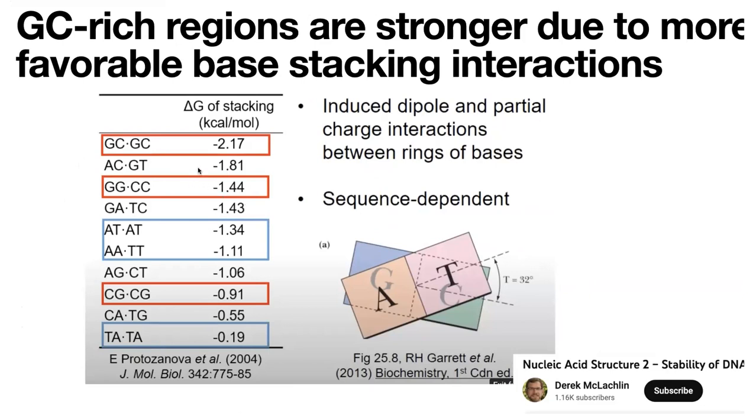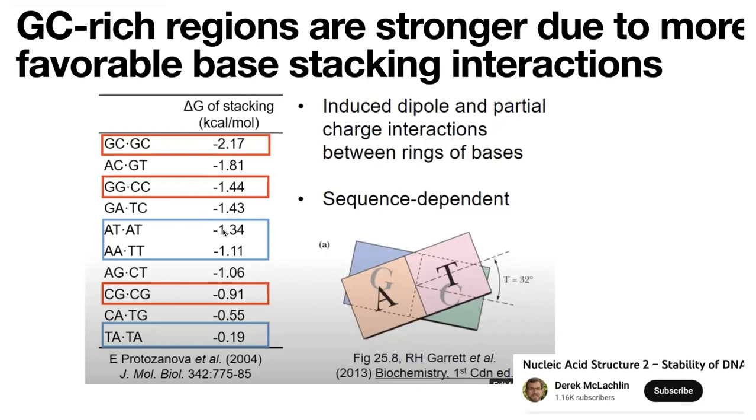So if we look here at the delta G of stacking, basically if we put a GC on top of a GC, or an AT on top of an AT, we can see that a GC on top of a GC gives us negative 2.17 kilocalories per mole. Negative tells us this is favorable, so this would be highly favorable.